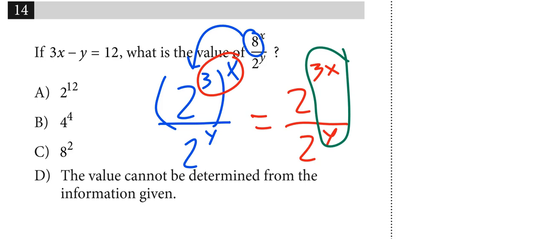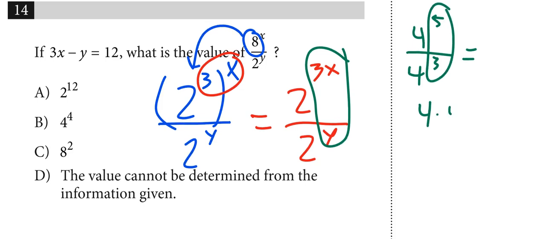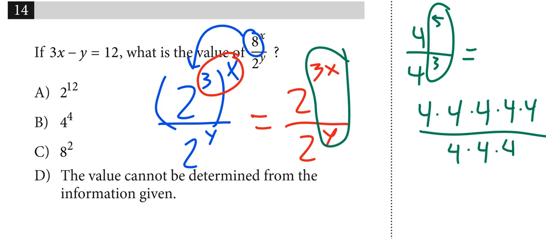So we don't know? Okay, so if I said 4 to the 5th over 4 to the 3rd, what would you be allowed to do with those two exponents? I mean, are you guys really going to write out 5 of these things, and then write out 3 of them on the bottom, and then sit there and go like this? Is that really what you're going to do? What are you going to do with those exponents?